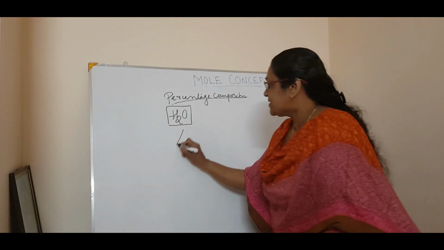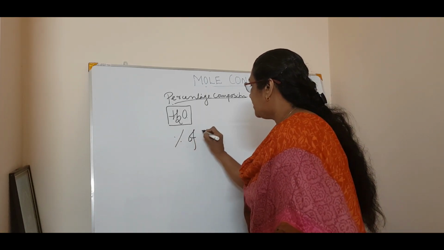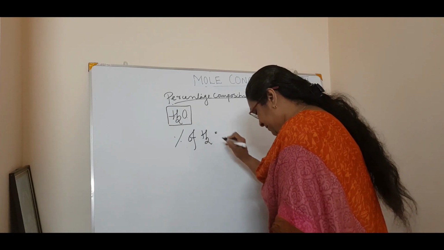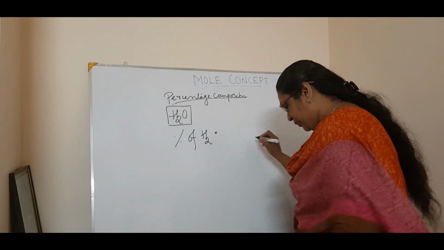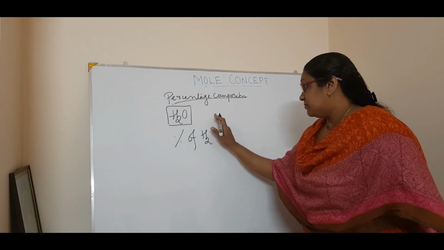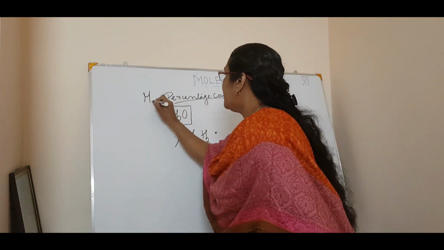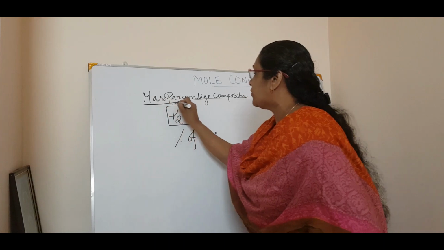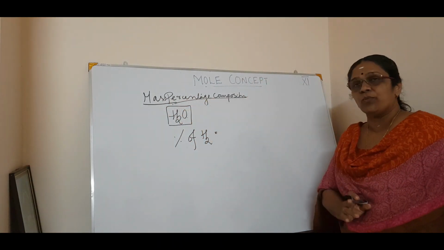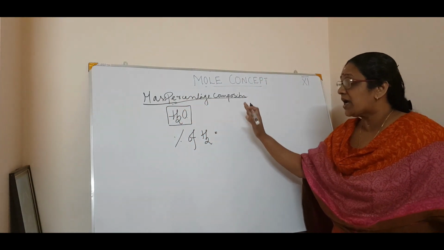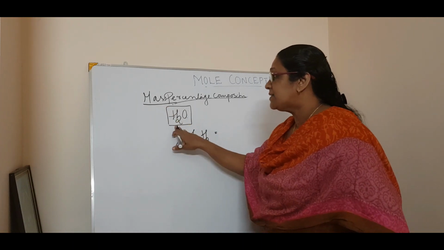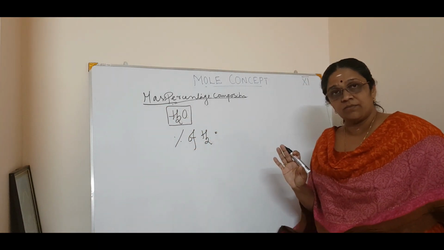Now first, the percentage of hydrogen, how will you calculate? This is mass percentage. I'm sorry, how to calculate the mass percentage composition, how much mass is there in each compound.